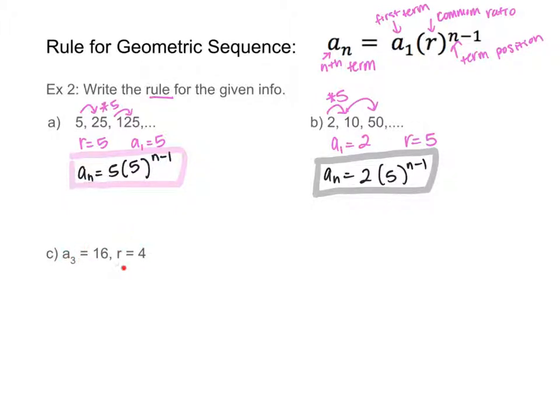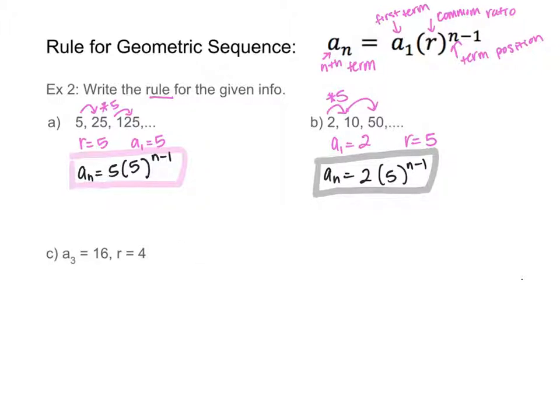But it does give you the common ratio, which is nice. So even though I have A3, I still need to get A1, the first term, because I need the first term and the common ratio to build a formula or to write a rule. So how do I go about finding my first term?